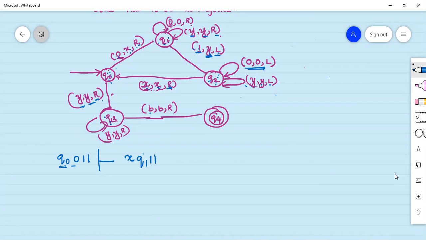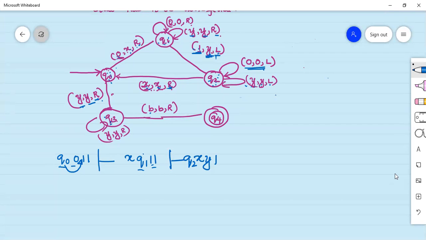So I moved from here to right. Q1 on 1, you can see here, replace it by Y, move towards left and go to state Q2. So I was here, so I'll replace that 1 as Y, move towards left here and then make the state to Q2.